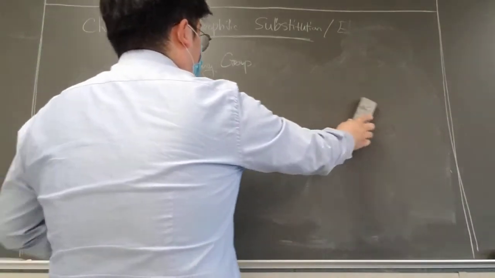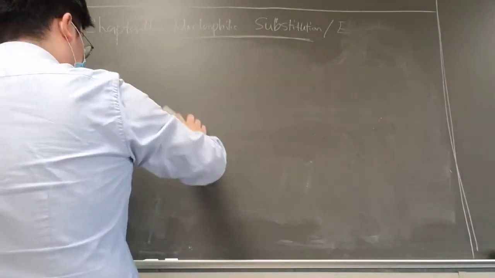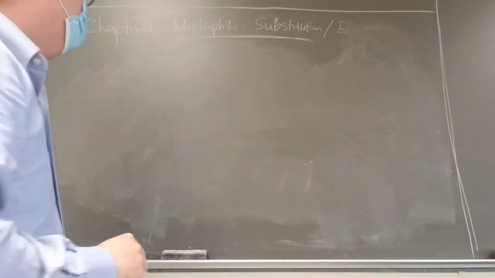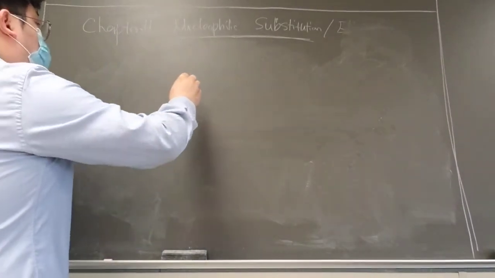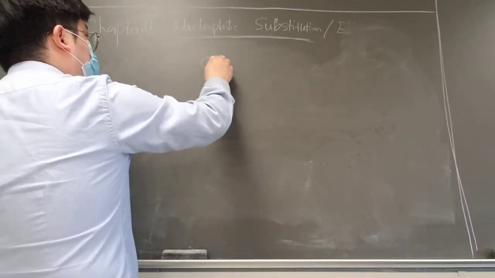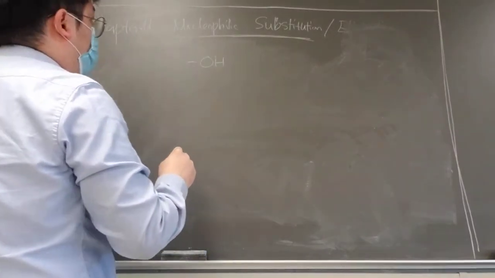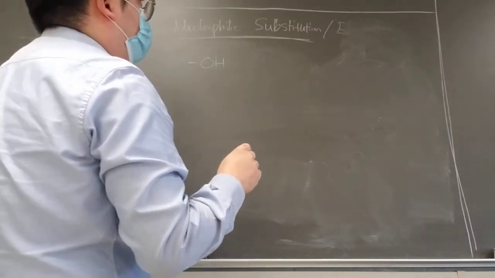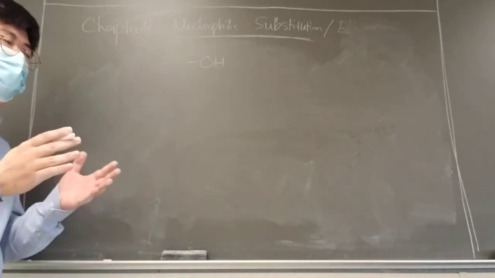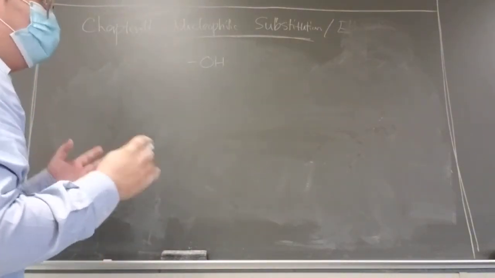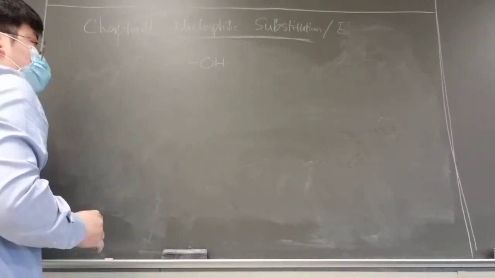So, if that is the case, there's only one more thing I think I need to go over. Like I mentioned, the hydroxy group is not a good leaving group, right? I hope you watched the Monday lecture from two days ago, where we did the last part of chapter 10.